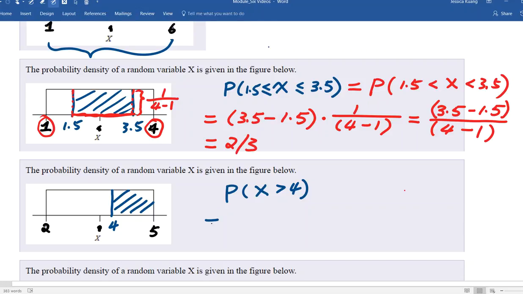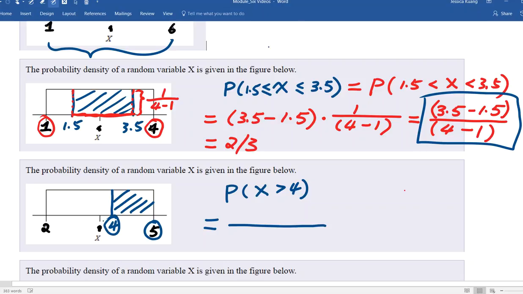Now, to find the probability, what I have to do is I need to find a fraction. That's what I did over here. And upstairs, I have the difference between the upper bound of the shaded rectangle and the lower bound of that shaded rectangle.